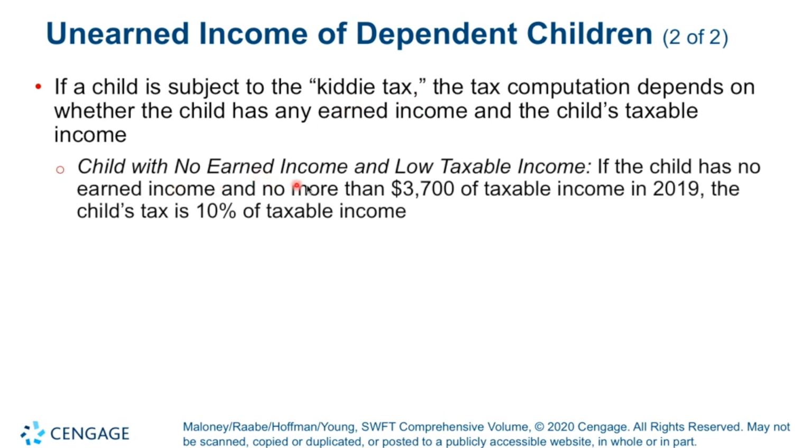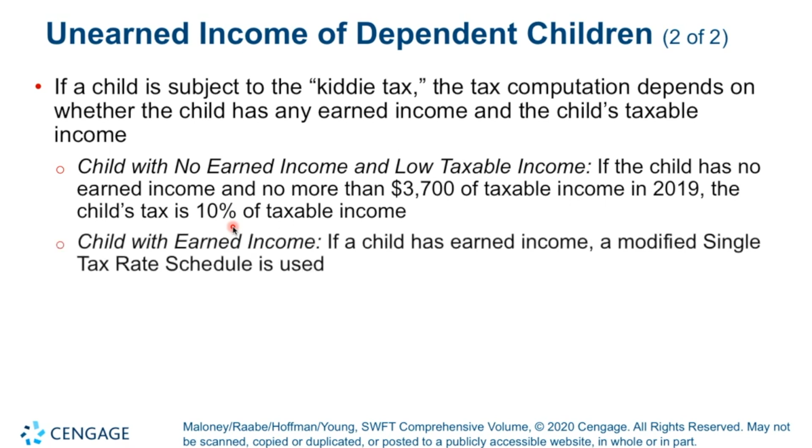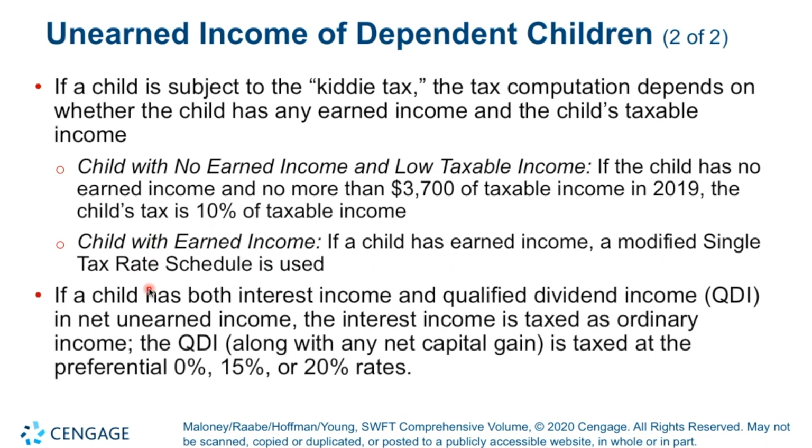So a child with no earned income and low taxable income: if the child has no earned income and no more than $3,700 of taxable income, the child's tax rate is 10%. They essentially have lower income brackets than earned income. Child with earned income: if a child has earned income, a modified single tax rate is used.